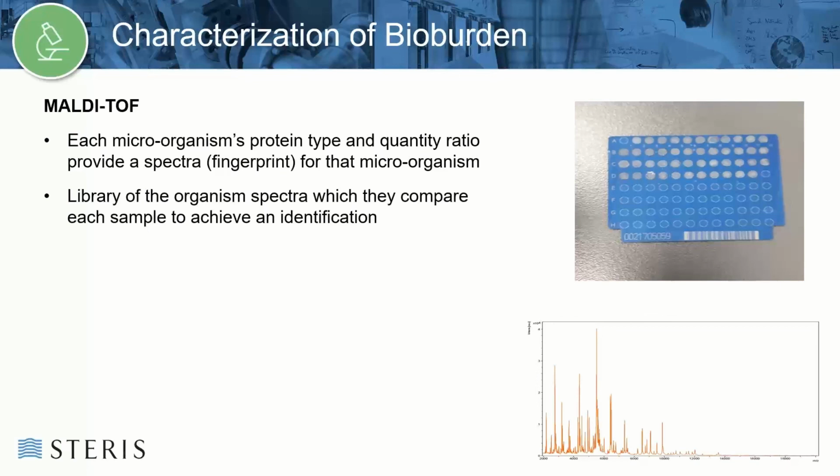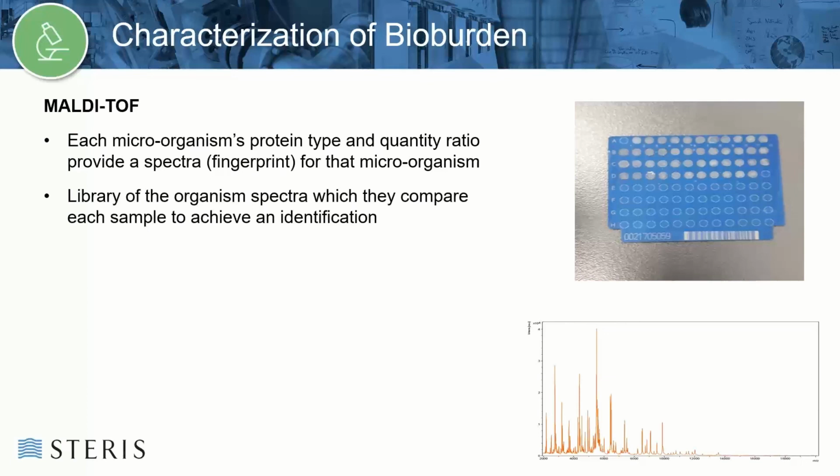This smear is then overlaid with test matrix solution, and when dry, the target plate is placed into the MALDI-TOF instrument. The plate is electrified and subsequently blasted with a laser to separate the proteins, which travel up a vacuum and are measured by a detector.